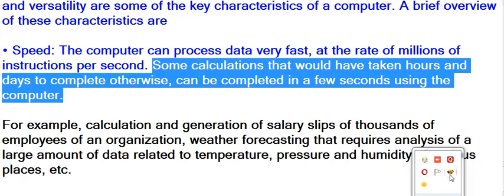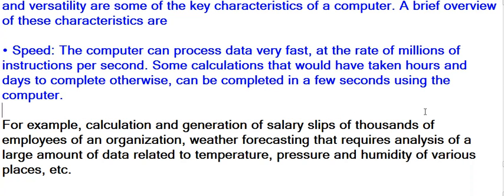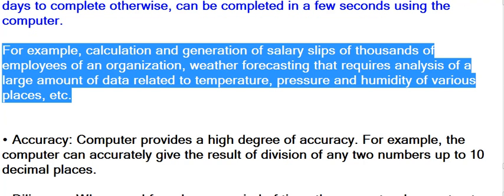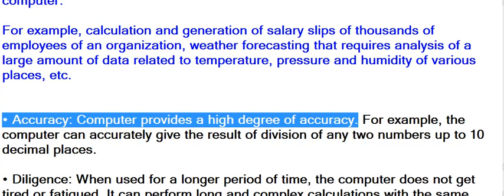Some calculations would have taken hours and days to complete otherwise. For example, calculation and generation of salary slips of thousands of employees of an organization, weather forecasting that requires analysis of a large amount of data related to temperature, pressure and humidity of various places, etc.